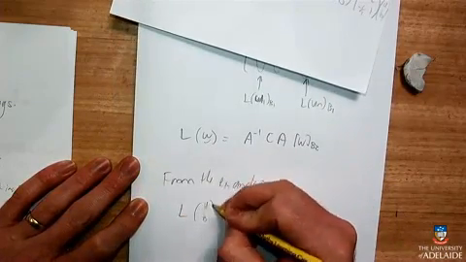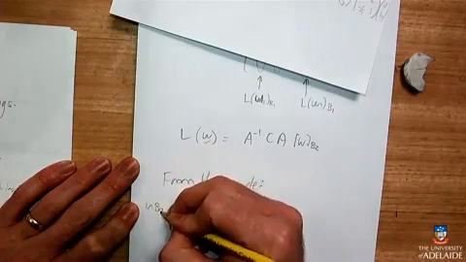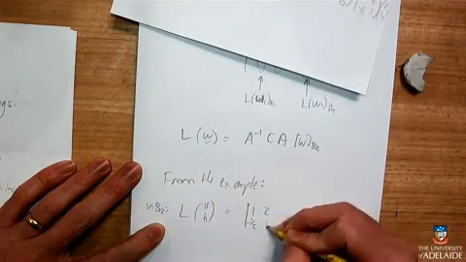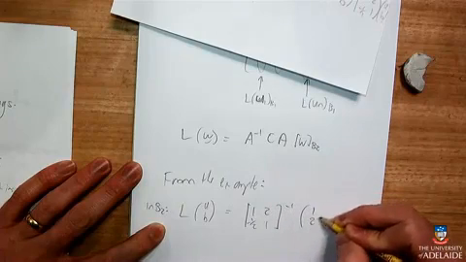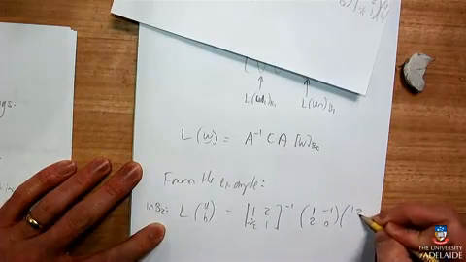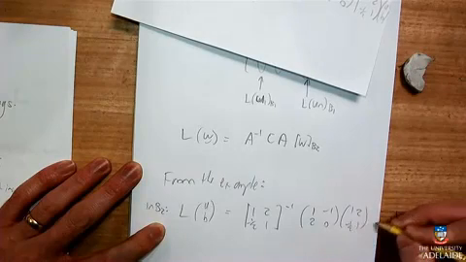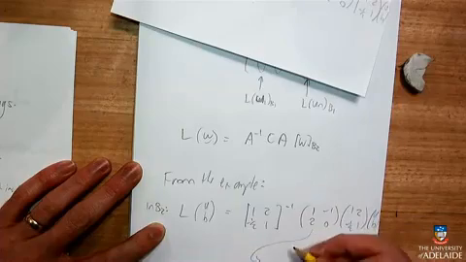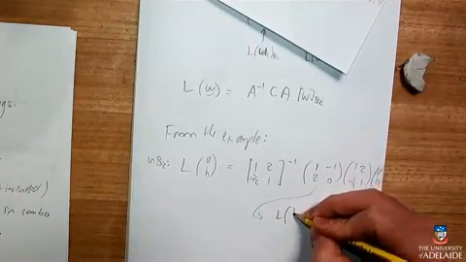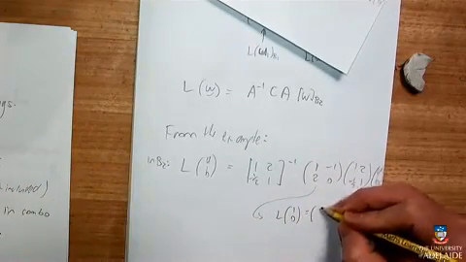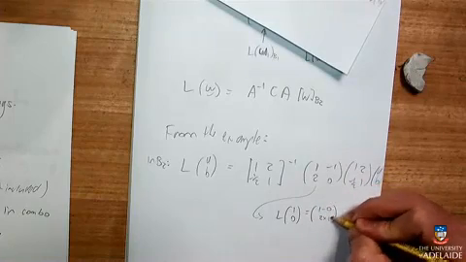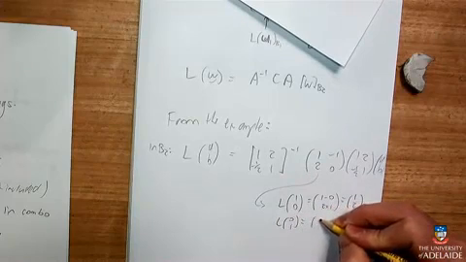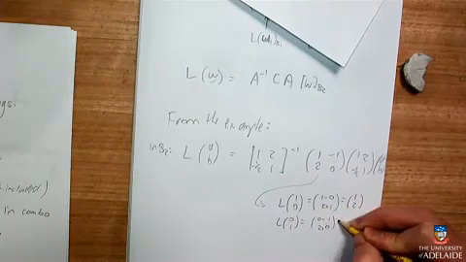L of AB in basis 2 was 1, 2, minus a half, 1 inverse, 1, 2, minus 1, 0, 1, 2, minus 1, a half, 1 times AB. And this one, well, L of (1, 0) is 1 minus 0, 2 times 1, which is (1, 2). And L of (0, 1) was 0 minus 1, 2 times 0, which is (negative 1, 0).